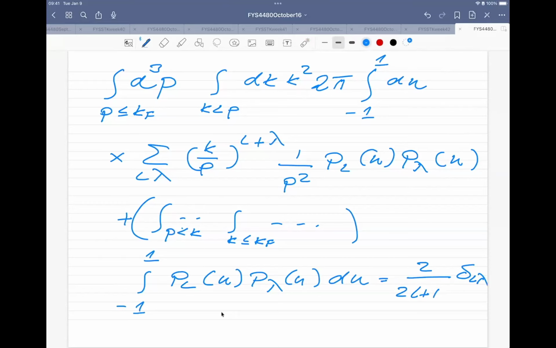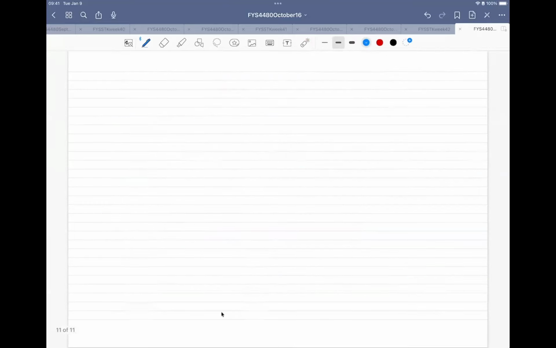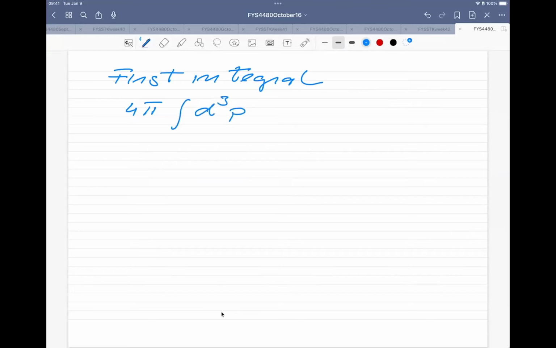So if we now just look at one of these integrals, what I'm going to get is the following. If we just write the first integral, the other one is going to be exactly equal to the same. So the first integral gives me 4 pi. I have an integral over d3p, with p less than kf. And I have k less than p, dk.